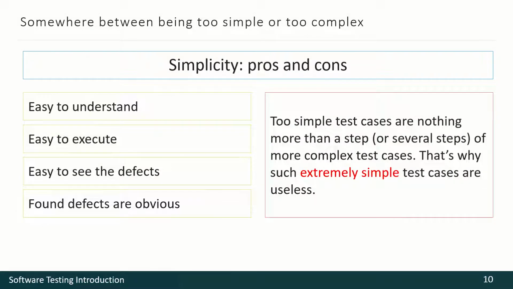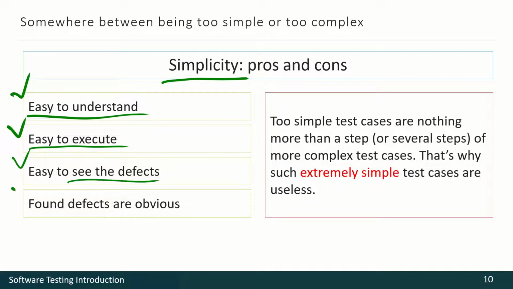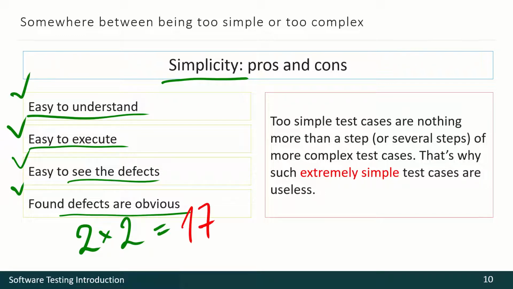But usually to be just simple, not extremely, is good, because simple test cases are easy to understand for everybody, easy to execute, easily show the defects, and the defects are really obvious. Imagine you are performing such a test when you are multiplying 2 by 2 and you see that the result is 17. Of course, it's easy to see and the defect is obvious.